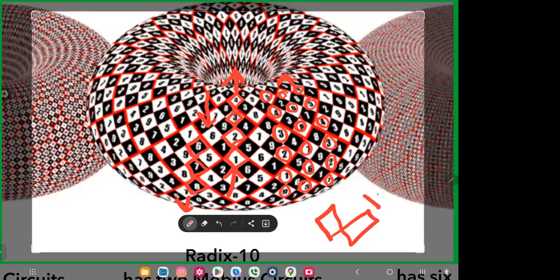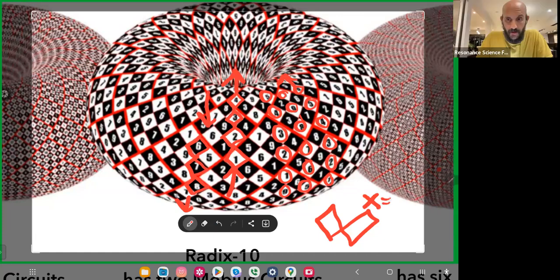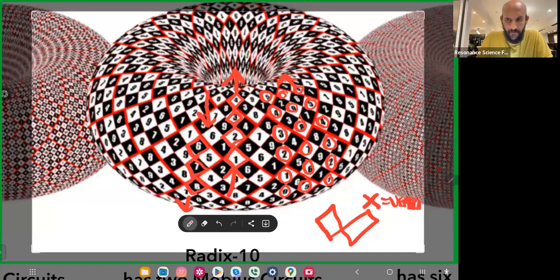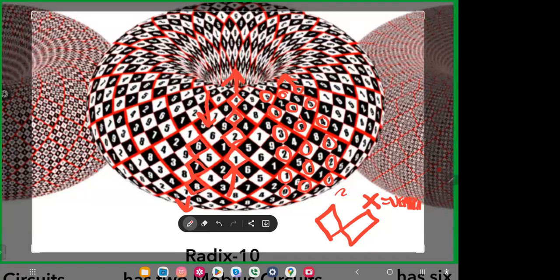When you go vertical, that's called your x-axis or vertical axis. And multiples of 8 over here. So this is positive x, and 8 will be minus x.